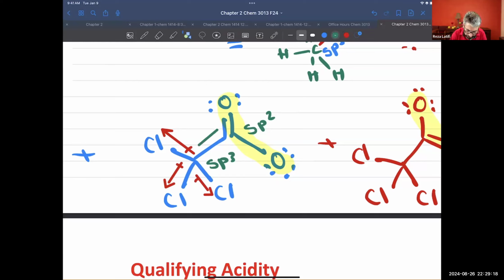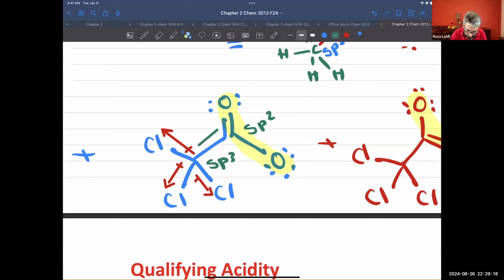Why? Because we have 3 chlorines attached to it. The more chlorine you have, the higher the pulling effect, or induction effect. Technically, you're pulling more electrons from the sp2 carbon.